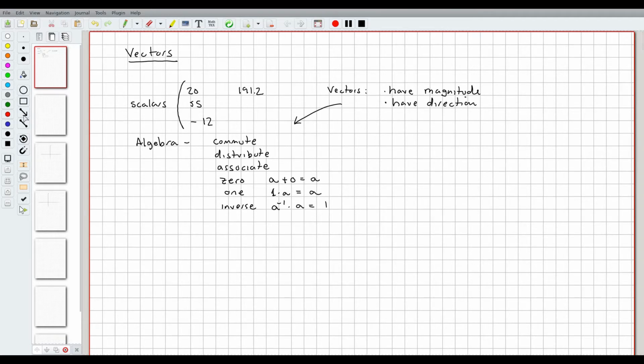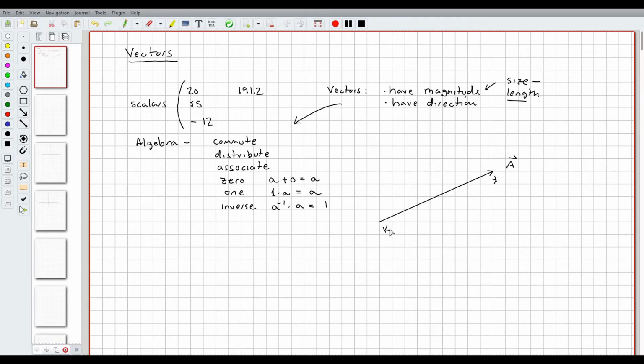Now, that said, let me draw you an example of a vector. This is how we typically represent them. It's a straight line that has an arrow on the end. That's a vector. Now, I'm not very creative, so I'm going to call this A. So this is a vector. And the way you would represent the magnitude would be through the length, because magnitude is synonymous with size or length. Now, lengths and sizes are always positive numbers.